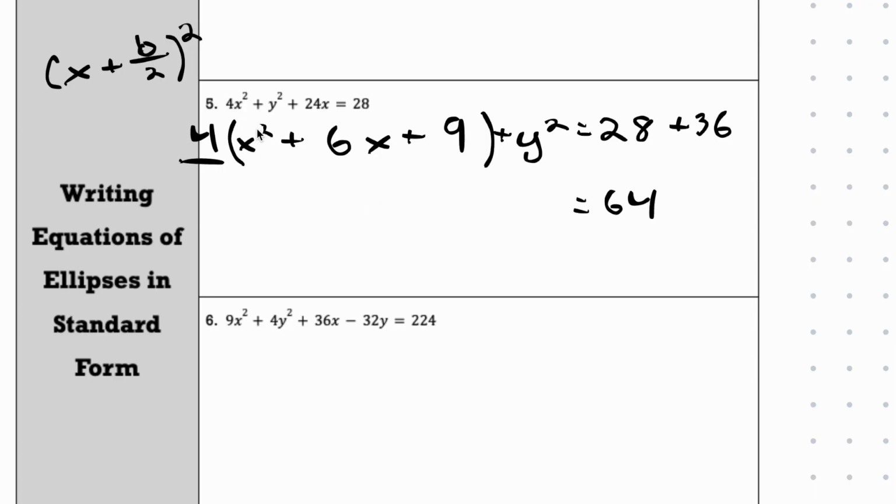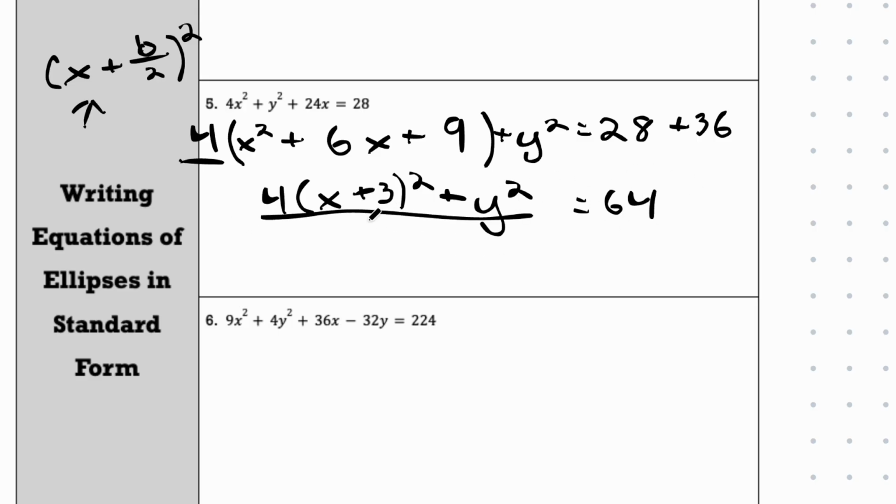And I'm going to factor this into something that looks like x plus b over 2 squared. So I'm going to put 4 on the outside. I'm going to have x plus b over 2, 6 over 2, which is 3, squared, plus y squared equals 64. And now I'm going to divide both sides by 64.